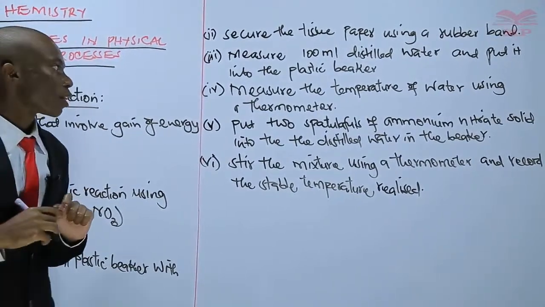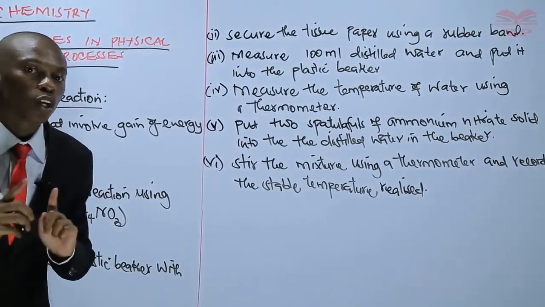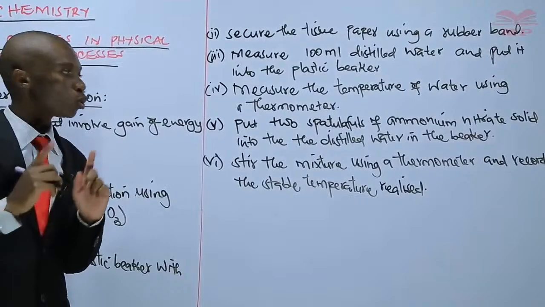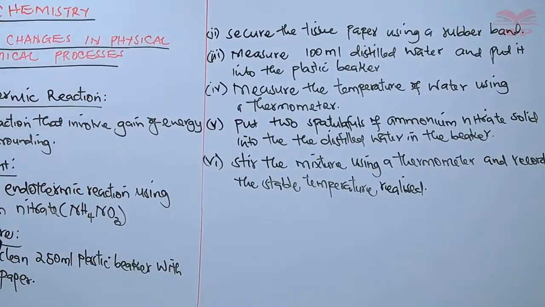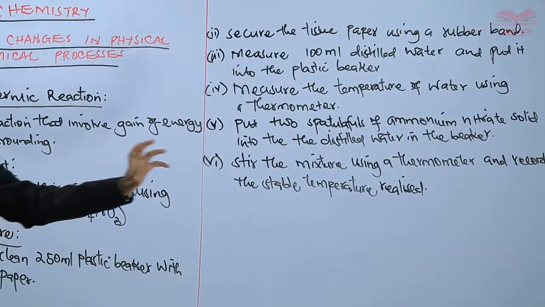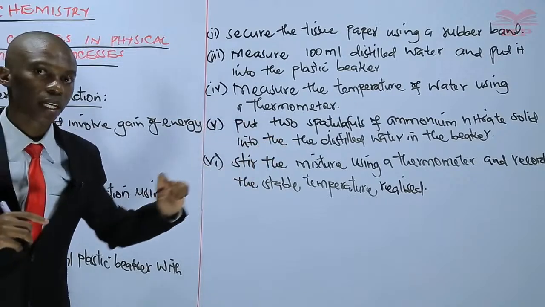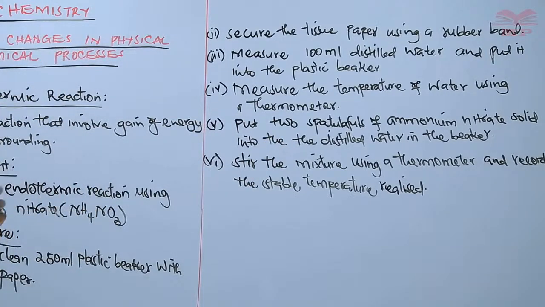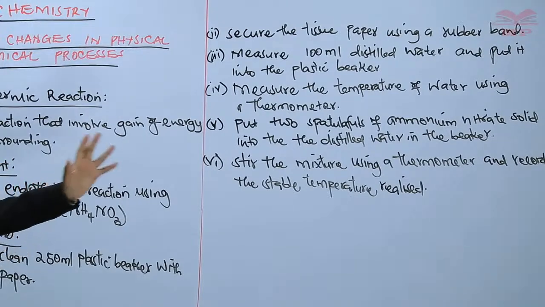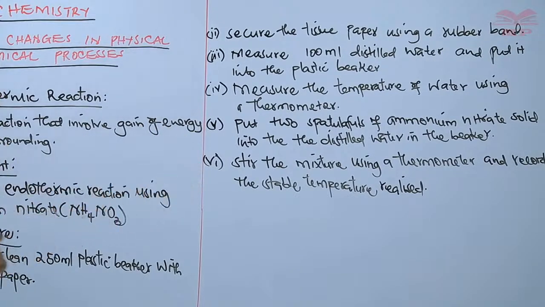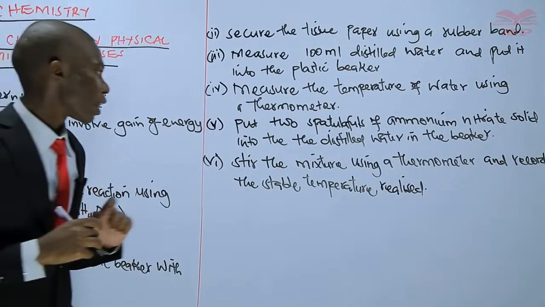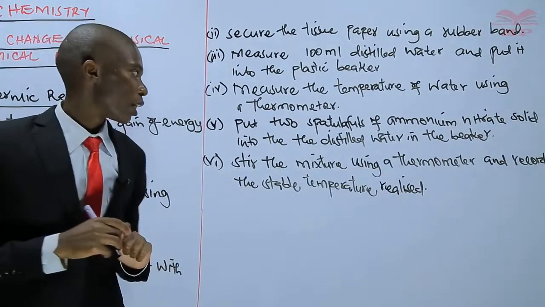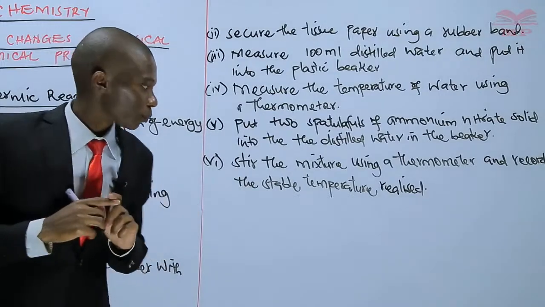Procedure 5 is put 2 spatula fulls of ammonium nitrate solid into the distilled water in the beaker. Then lastly you need to stir the mixture using a thermometer and record the stable temperature realized.